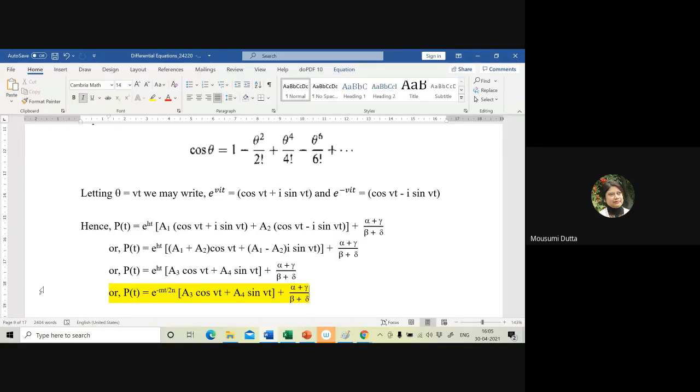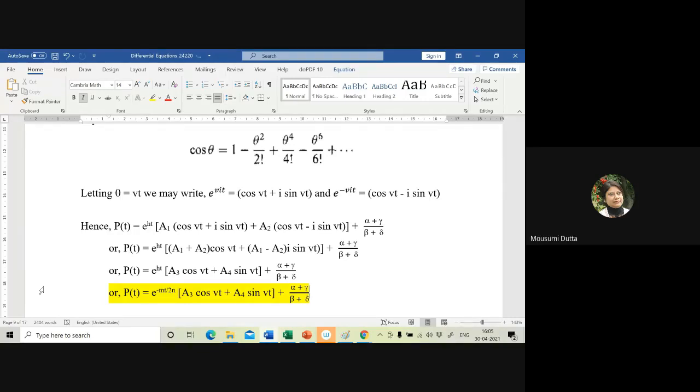And if you have problems with Euler's relation, or if you never checked it, please check any standard trigonometry book, you will get the relation. In Chiang 2, we will get the relation. Maybe you will not get the proof of Euler's relation. I'm not sure whether the proof is there in Chiang's book.